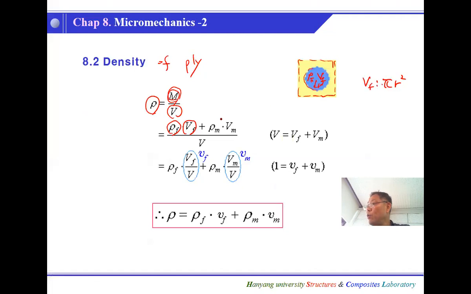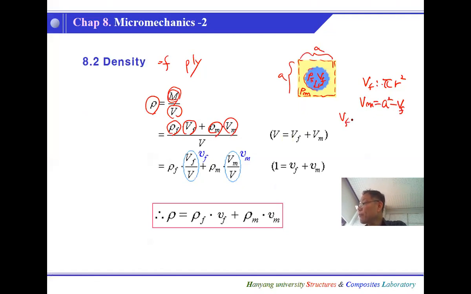And this is the density of the matrix, rho m, and volume Vm. So Vm can be, say this is A, A squared minus Vf. That is the volume of the matrix or resin.